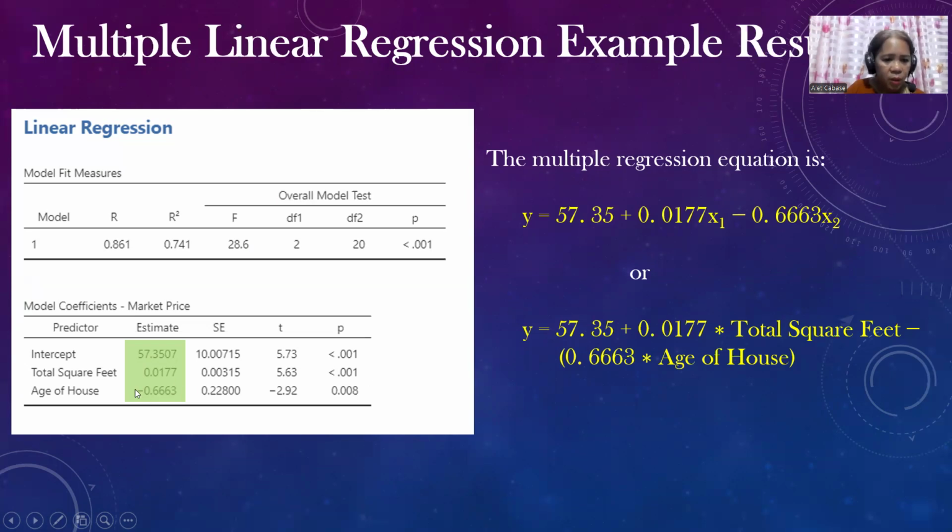So this is the slope for the age of the house. Or y equals 57.35 plus 0.0177 times the total square feet minus 0.6663 times the age of the house.